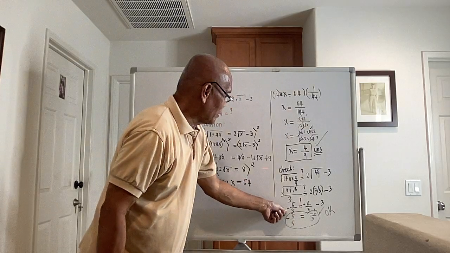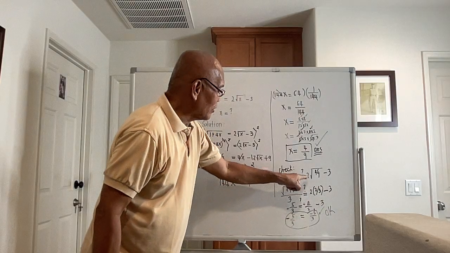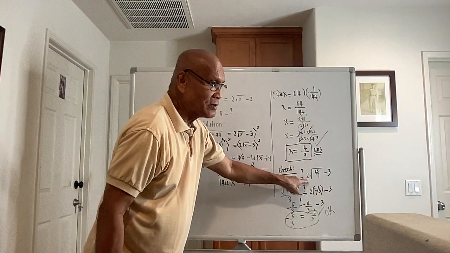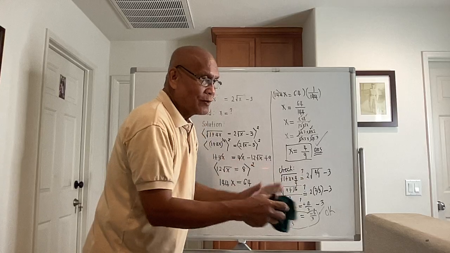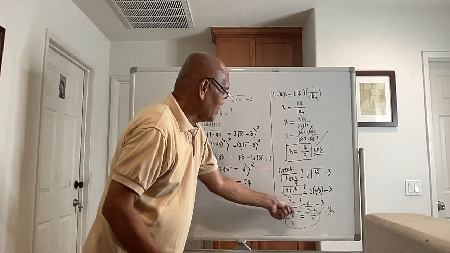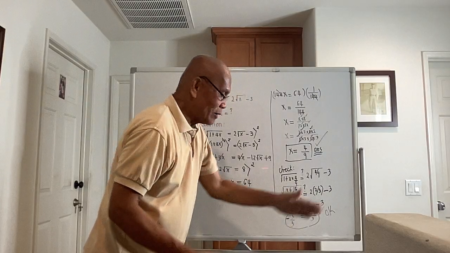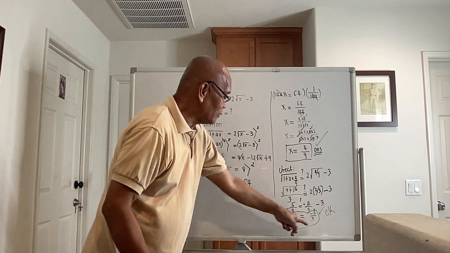If we use the negative sign on the left and the positive sign on the right, because the square root is either plus or minus, we must use the negative sign on the left and the positive sign on the right for us to be correct, because what comes out is negative 5/3 equal to negative 5/3.